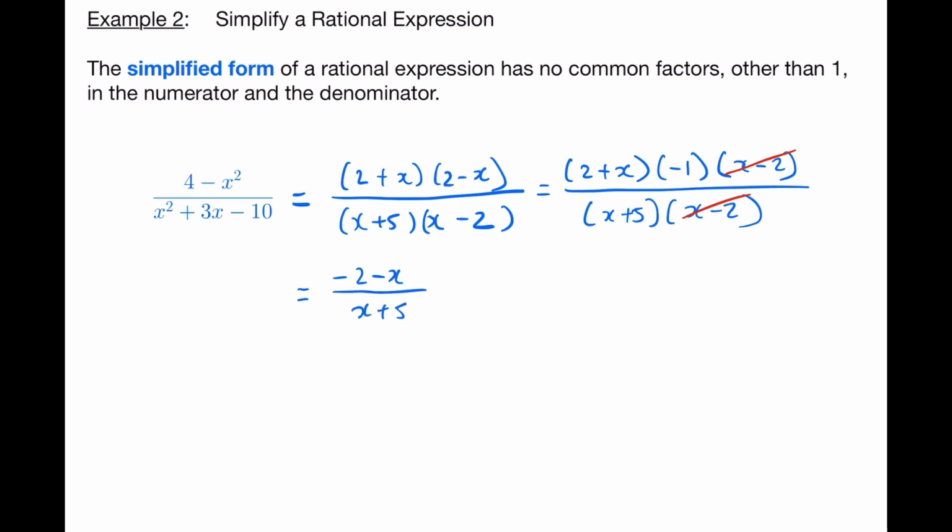Okay, and now we have to specify what the domain is, or what x values cannot be. So we're going to say where x does not equal negative 5 or 2, because both of those x values would make this denominator 0, and that would not be valid in this case. So then we would say that this is our entire answer.